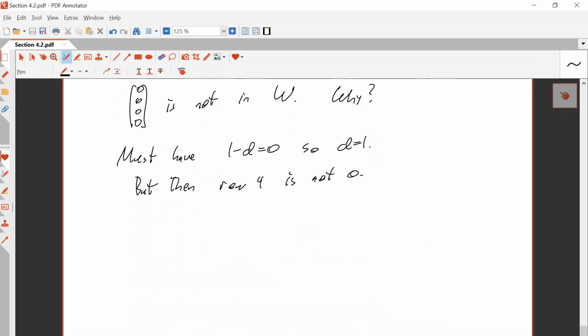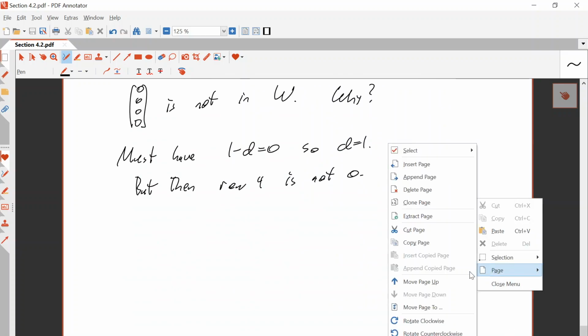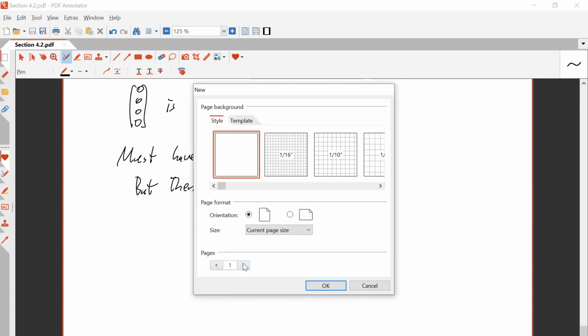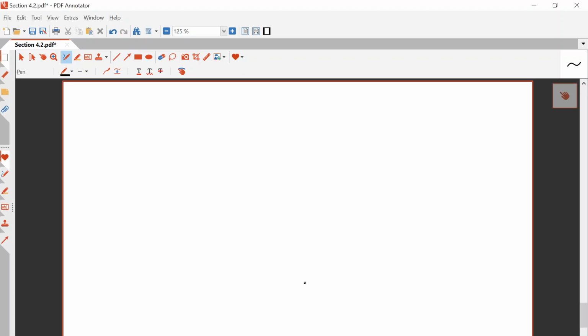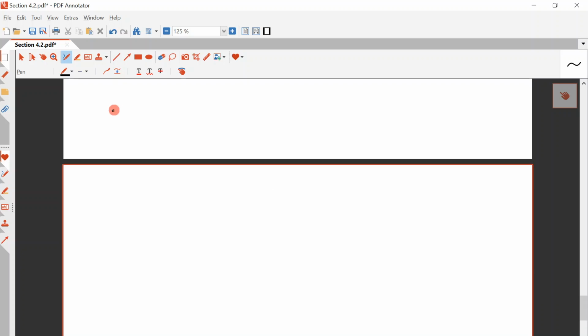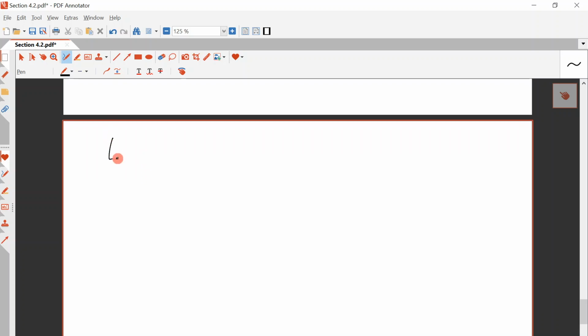So the final topic here in this section is to cast these ideas in terms of linear transformations. Okay.